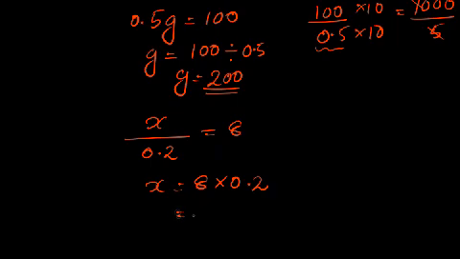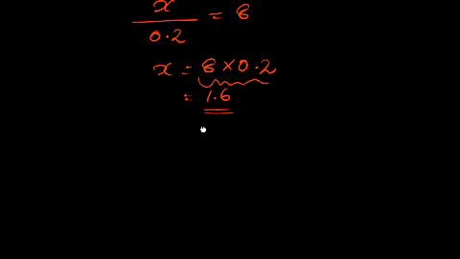How will you do 8 times 0.2? Just multiply them as if they're normal numbers. 8 times 2 is 16. Then you have to put the decimal point here. Why? In the question you have one digit on the right side of the decimal point. So your answer will also have one digit on the right side of the decimal point.